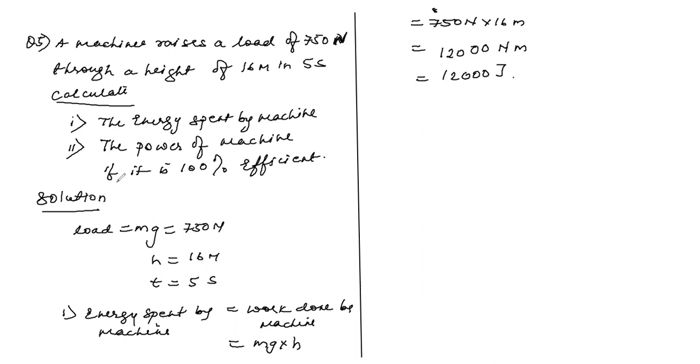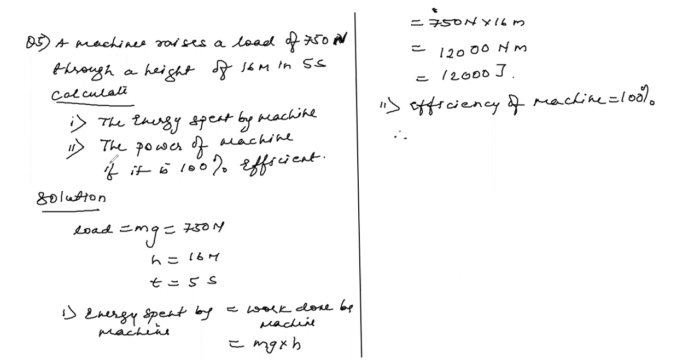Now, the efficiency of the machine is 100%, given. That means no energy is lost anywhere. Whatever is the input energy, the output energy is going to be the same. Therefore, the output of the machine is 12,000 joules, correct? Input energy spent by the machine is 12,000 joules.